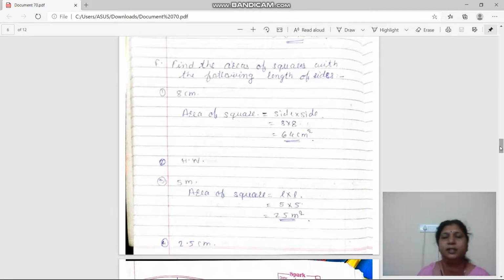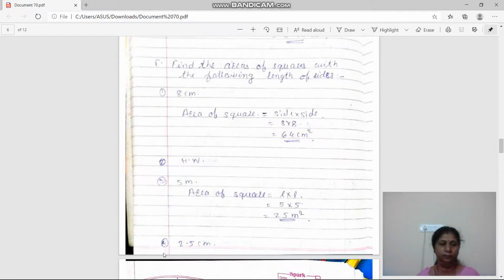So it is 64 centimeter square. Okay. So second example you have to take as homework. So fifth example, 5 meter. Area of square is equal to length into length, that is side into side. So 5 5s are 25 meter square. It is in meter, so I have told you area should be in meter square.